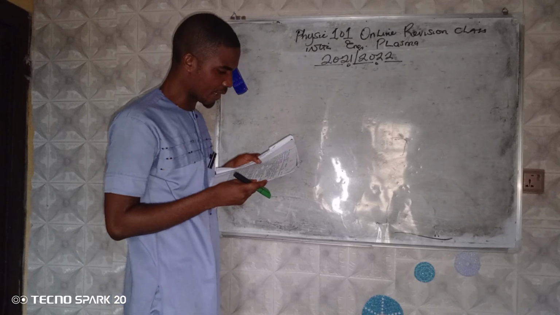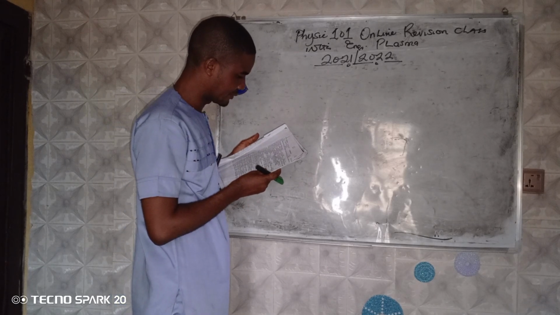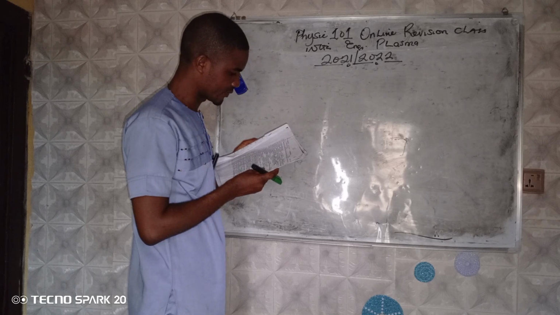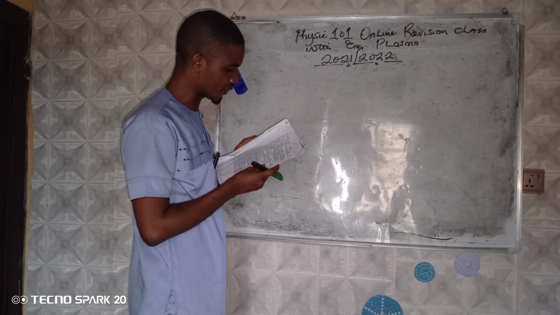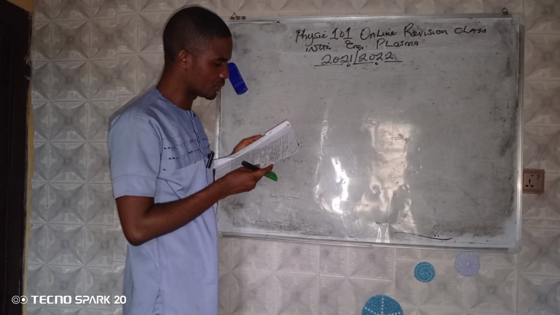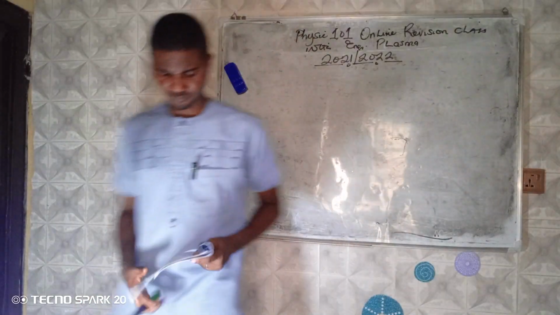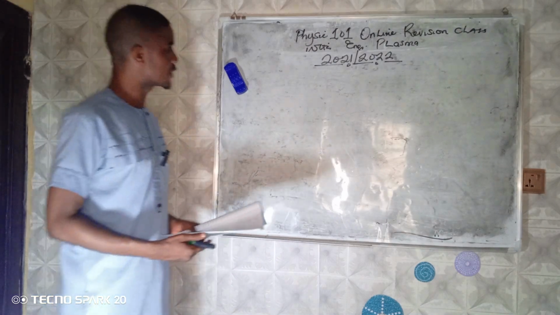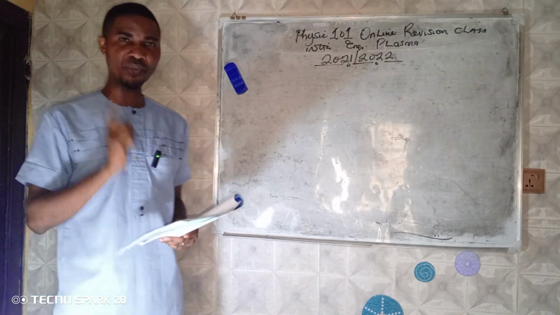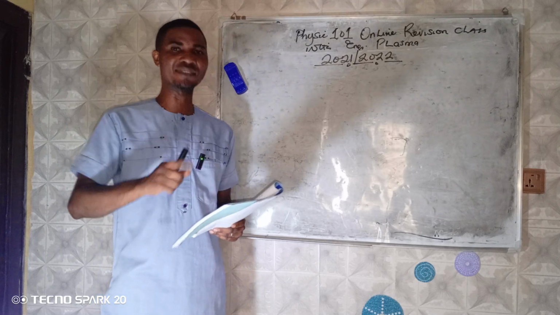The isothermal pressure of a gas is 300 Newton per meter square at a temperature of 30 degrees centigrade. Determine the isothermal bulk modulus of the gas. Now, what we ought to know here is that an isothermal process is simply a process of constant temperature.